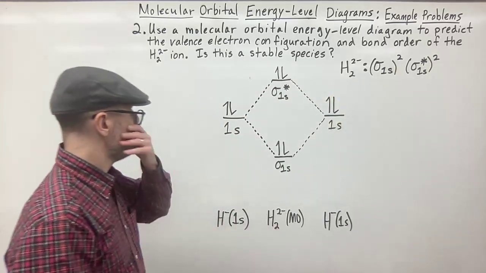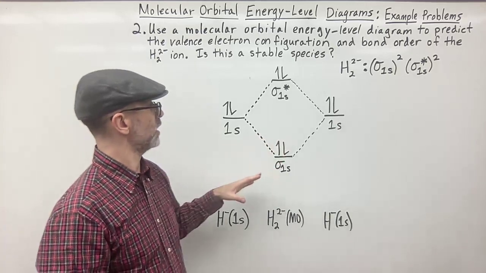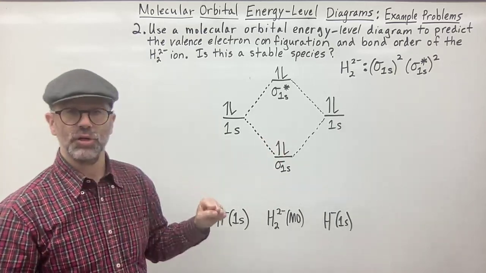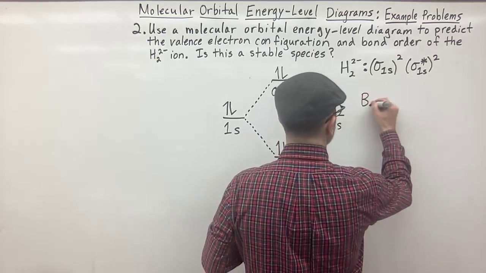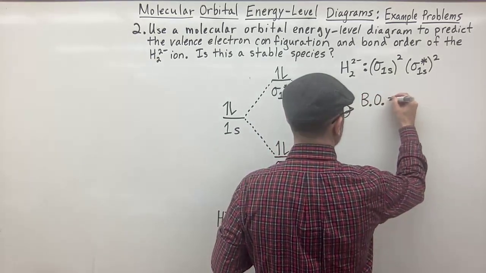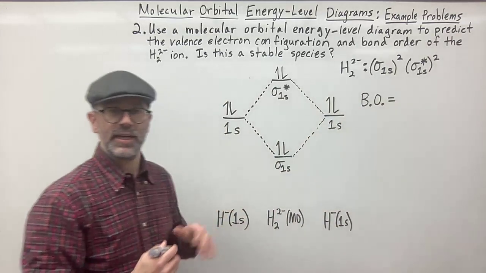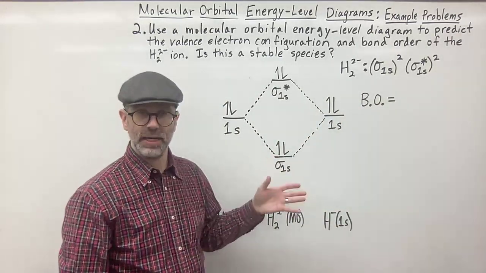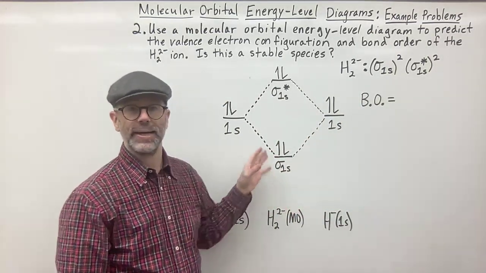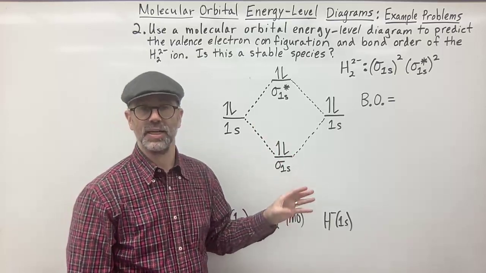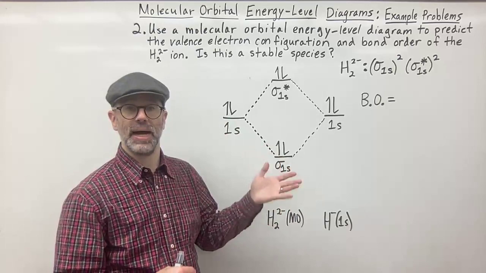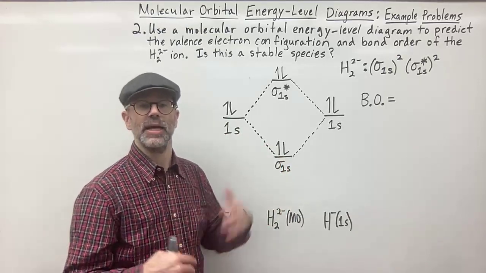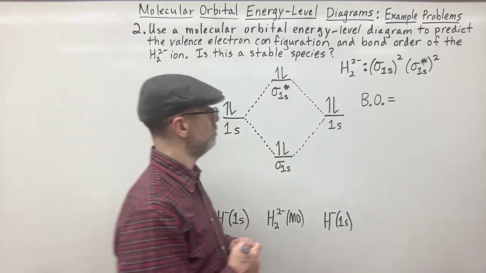So now, what about the bond order? Well, we're going to calculate that. So again, the bond order is going to be equal to the number of bonding electrons minus the number of anti-bonding electrons, all divided by 2. So you're going to find the difference between bonding and anti-bonding electrons and divide that by 2.